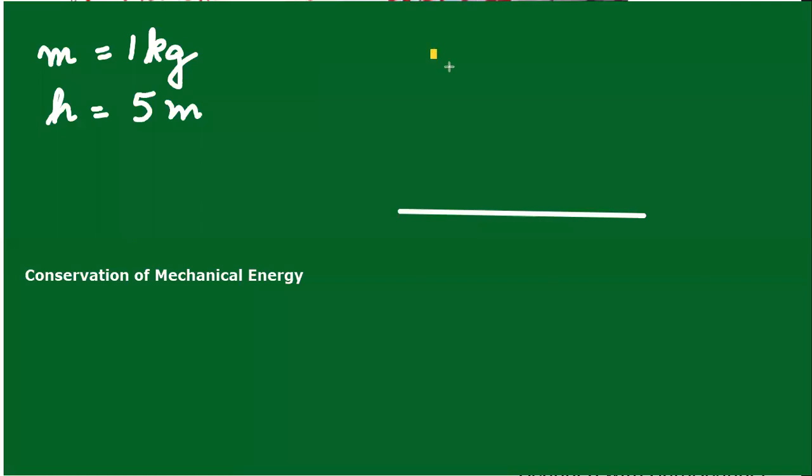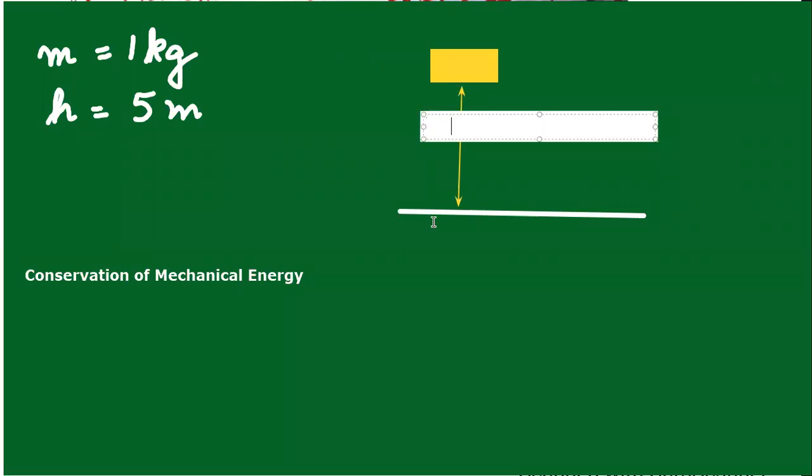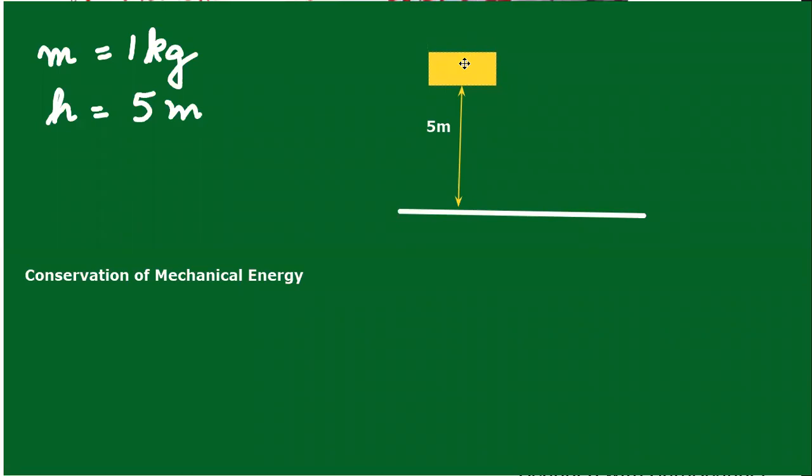So here also, if there is an object placed at point A and it is at a height of 5 meters from the ground, there will be certain energy possessed by it. The energy possessed by a body kept at a height is known as potential energy.